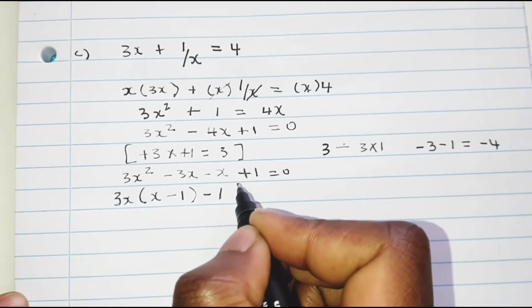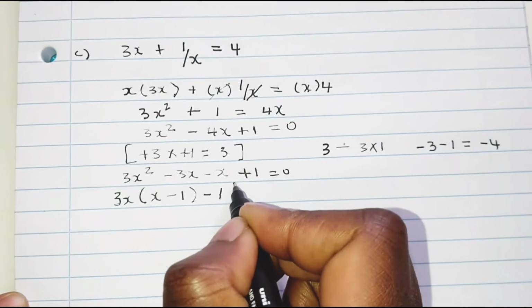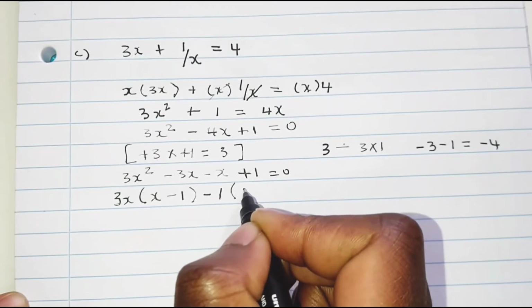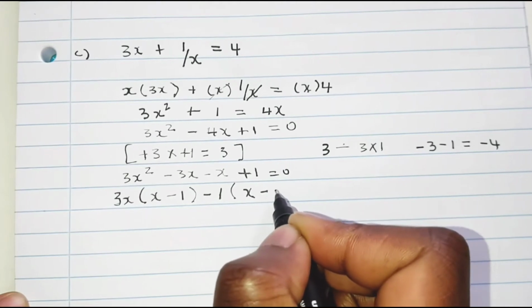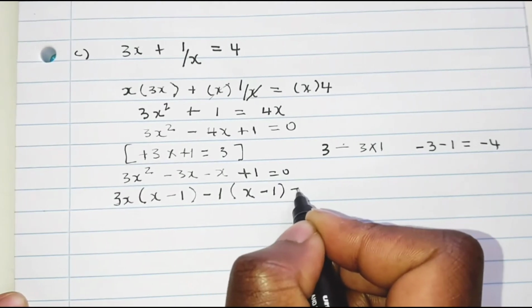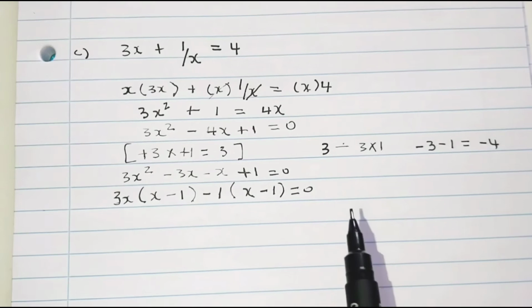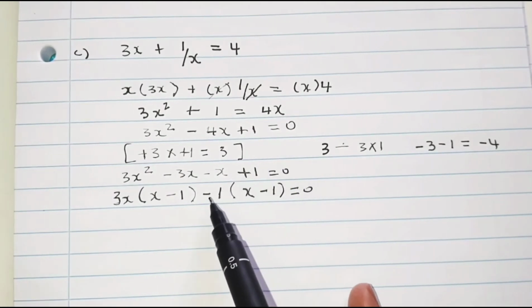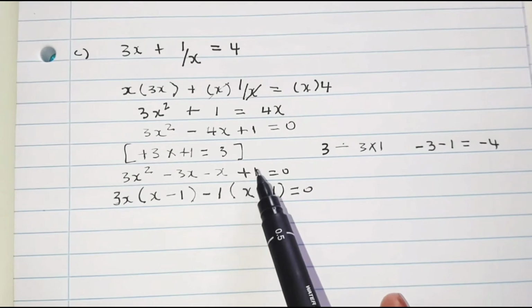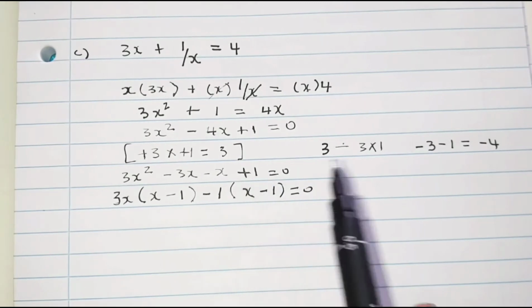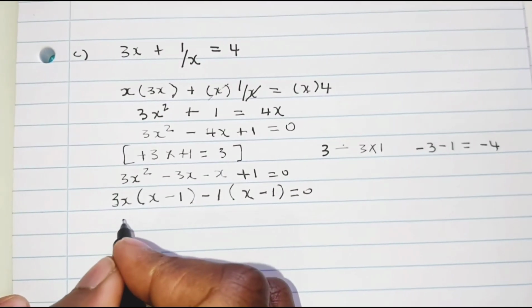There's a 1 here that is not written. So we're going to have x minus 1 is equal to 0. The reason why we have minus 1 is because negative 1 multiplied by negative 1 gives you positive 1.